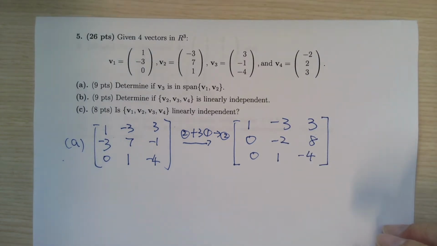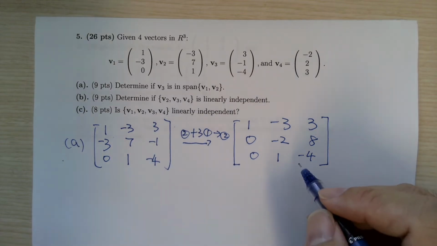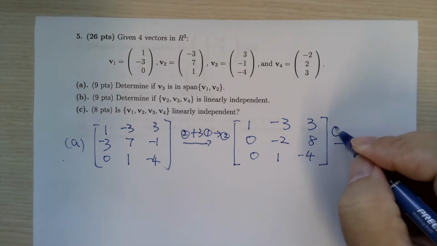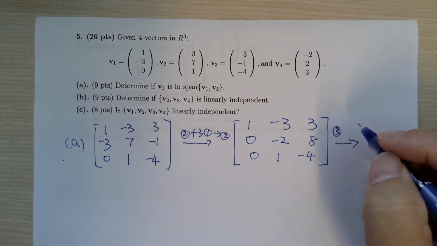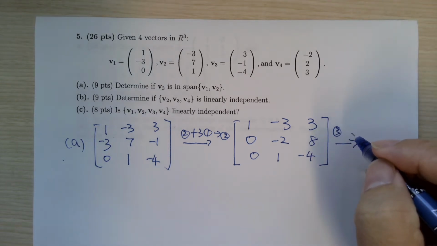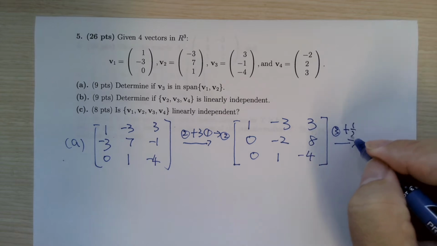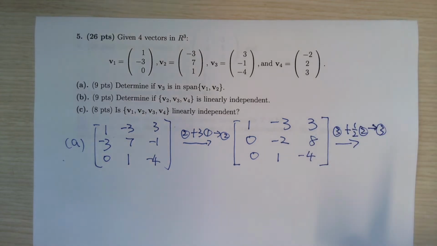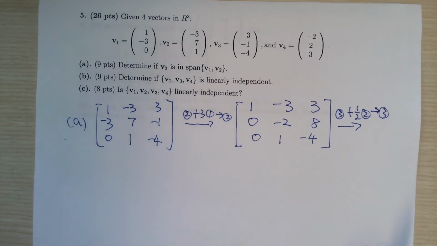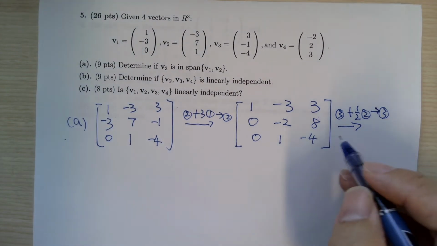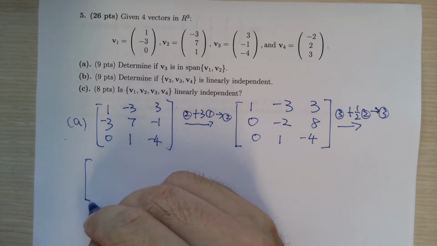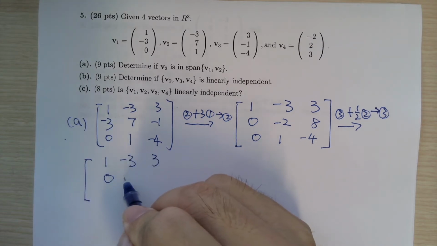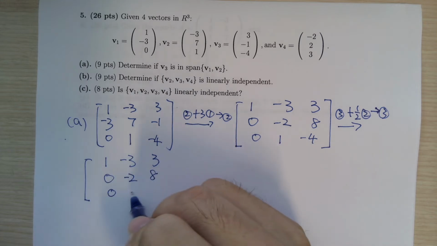And then you can use row 3 plus half of row 2 as the new row 3, and easily you will see that this part becomes 0. So it's 1, -3, 3, 0, -2, 8, and 0, 0, 0.